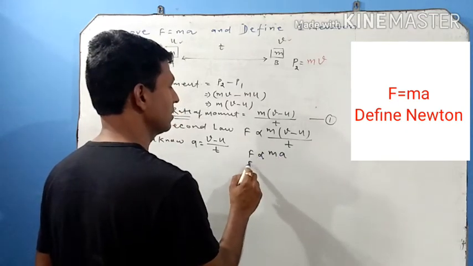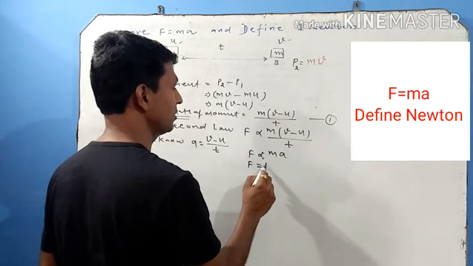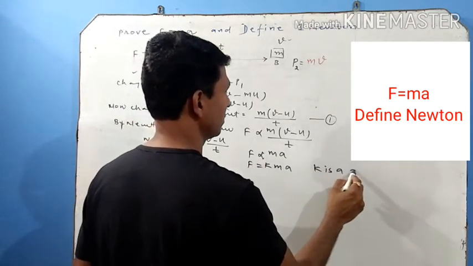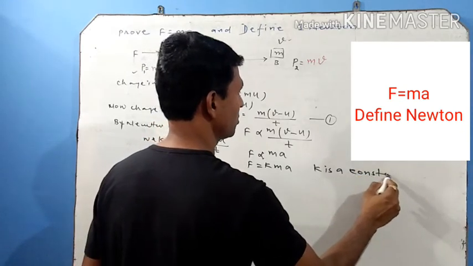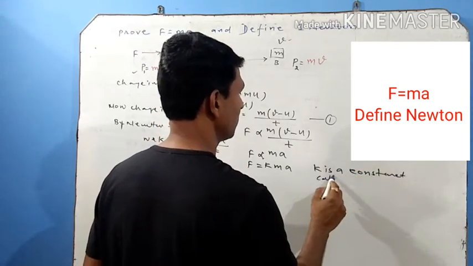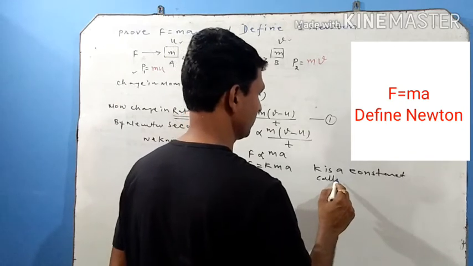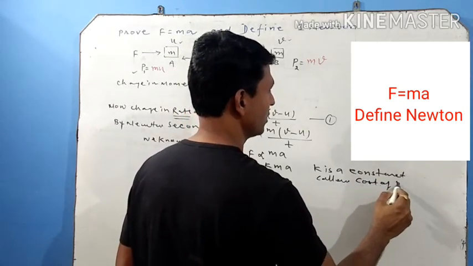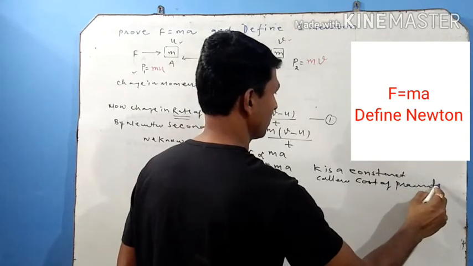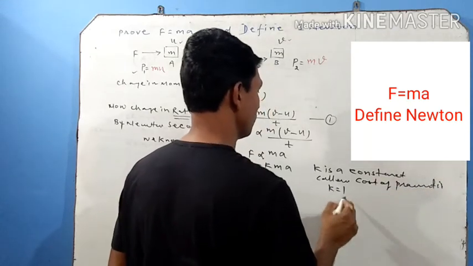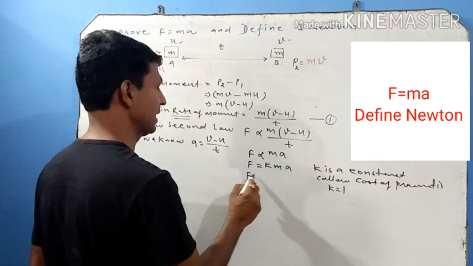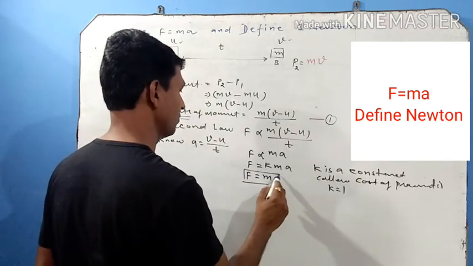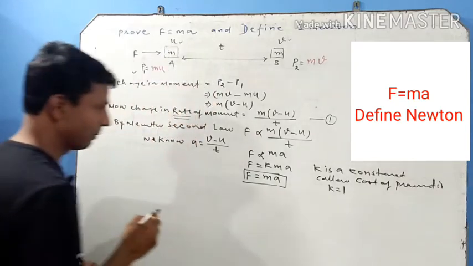Removing the proportional sign, we will introduce a constant, so F is equal to k m a, where k is a constant called the constant of proportionality, whose value is 1. So it becomes F is equal to ma. So we have proved F is equal to ma.